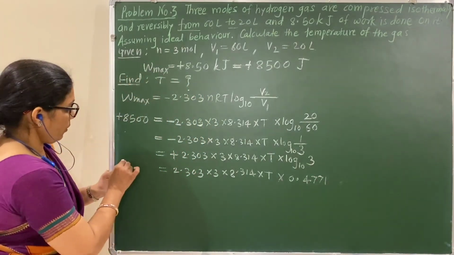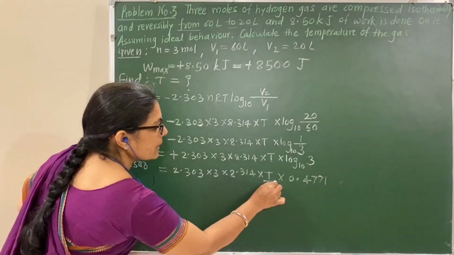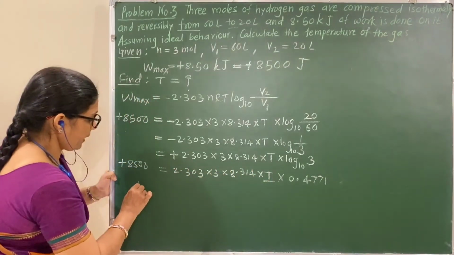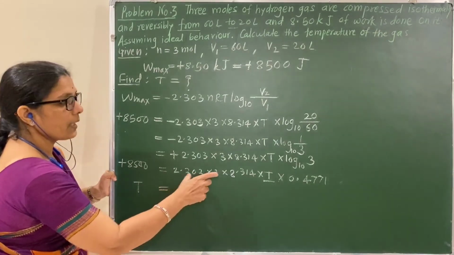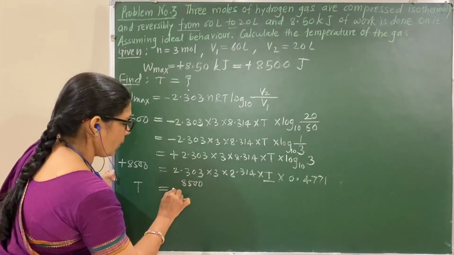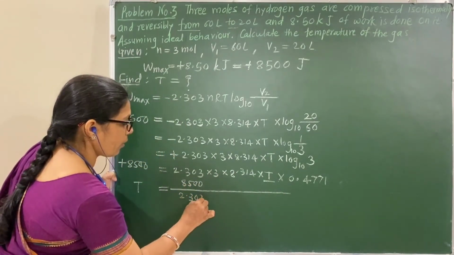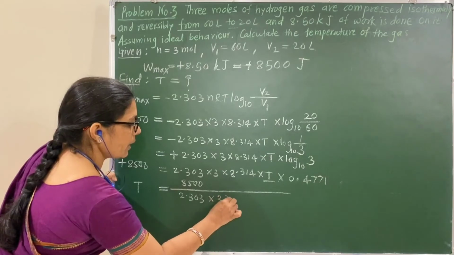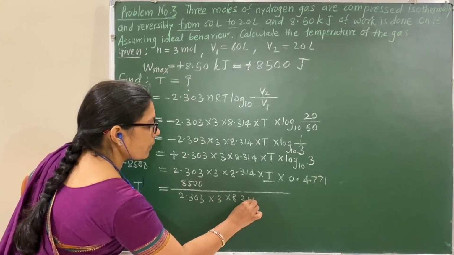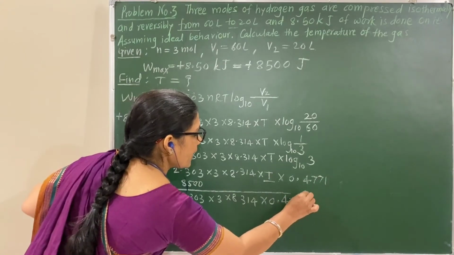Okay. Now, here it is 8500. Now, I want to find out this T. Keep that T here and rearrange this one. T is 8500 divided by 2.303 into 3 into 8.314 into 0.4771.